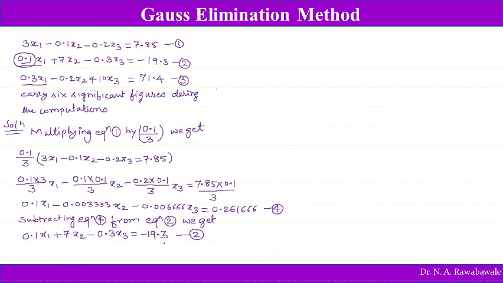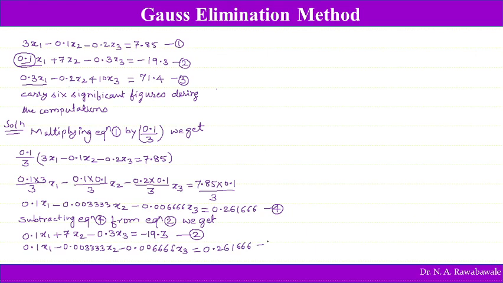From this equation number 2, equation number 4 has to be subtracted, so 0.1x1 minus 0.003333x2 minus 0.006666x3 is equal to 0.261666.